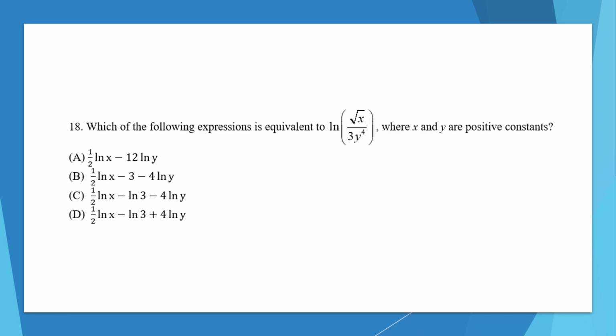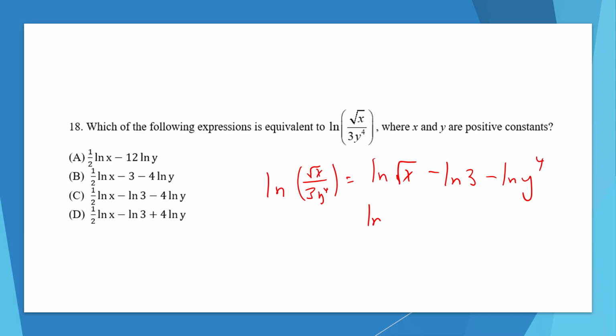Number 18, which of the following expressions is equivalent to ln of square root of x over 3y to the fourth, where x and y are positive constants. So here, let's split this up first into ln square root x minus ln 3 minus ln y to the fourth. That doesn't match any answer choices, so let's convert every root to an exponent and move it out front.